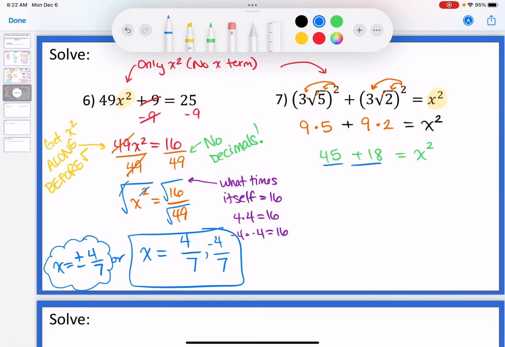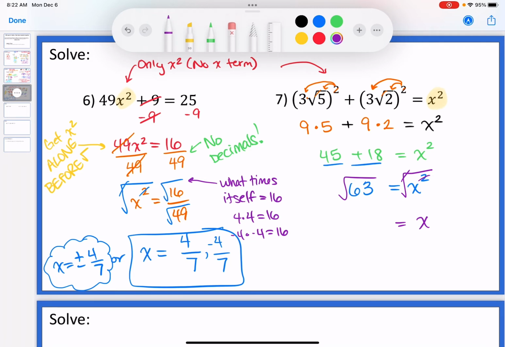Like terms here, 45 plus 18 gives me 63. All right, now I have just one single number and an x squared on the other side. So now I can take the square root. Okay, now notice, I am making that square root myself, right? So my next step has to have a plus or a minus. I'm going to have two answers here because I created that square root in order to solve it.